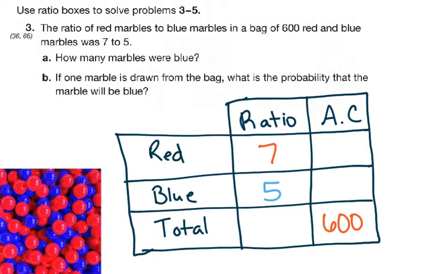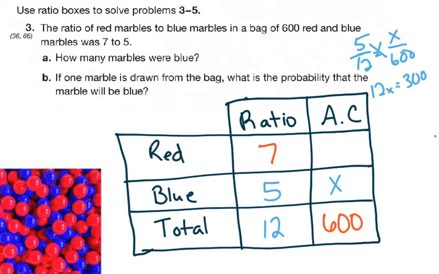All right, so you should have gone ahead and made a proportion. You should have told me that 7 plus 5 is 12, and they want to know how many marbles are blue, so that's where our x is going to go. You should have done 5 over 12 equals x over 600, and then you would have told me 12x equals 3,000, and then you should have divided both sides by 12.